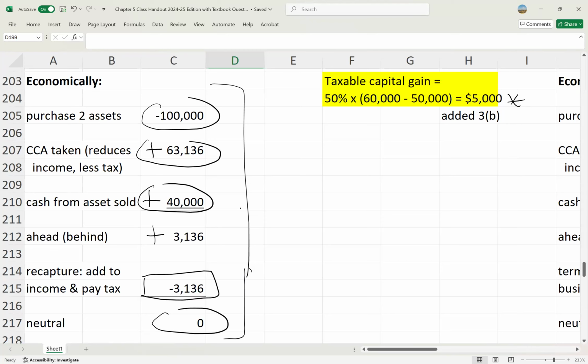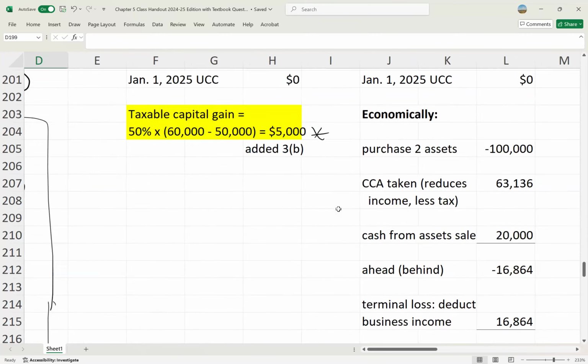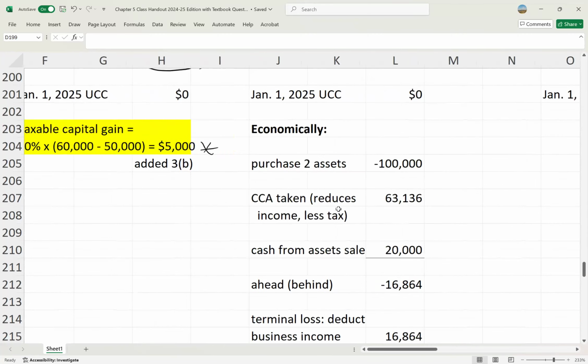If you're able to explain these concepts in basic terms, then that will set you apart from your peers. So keep that in mind as you're moving through your last couple of years here at Capilano University, and when you enter the workforce. Always think about developing your soft skills, because those are going to be the important skills that will set you apart from your peers. Any questions about the terminal loss example?